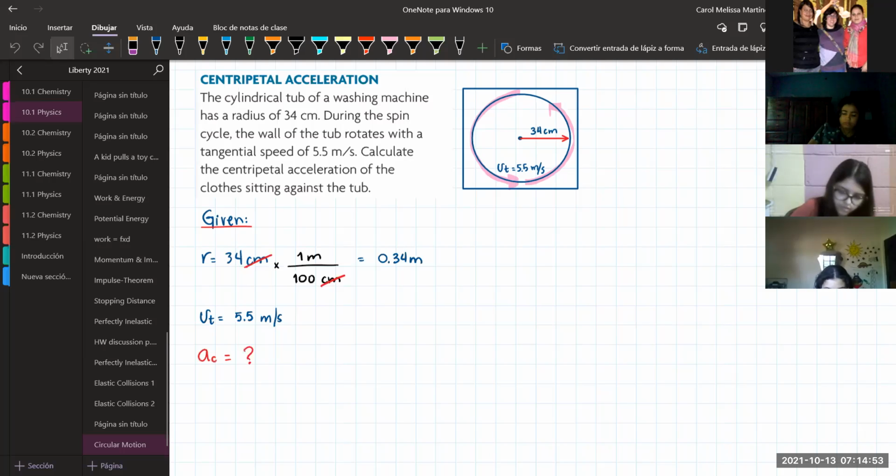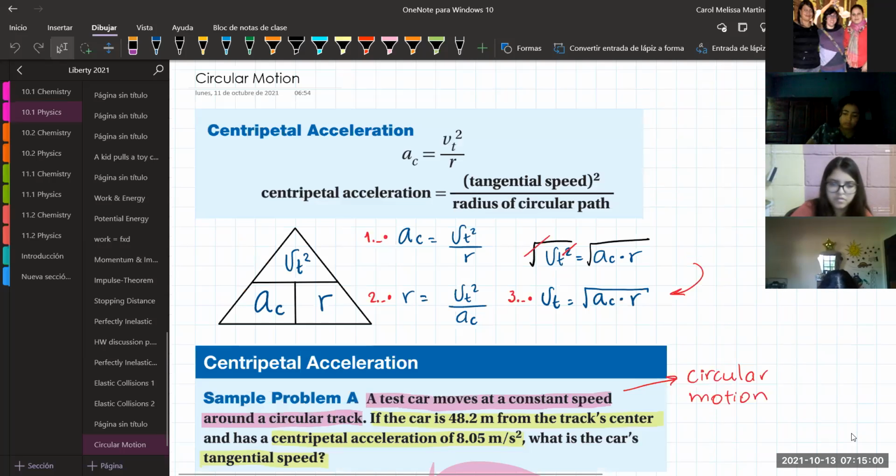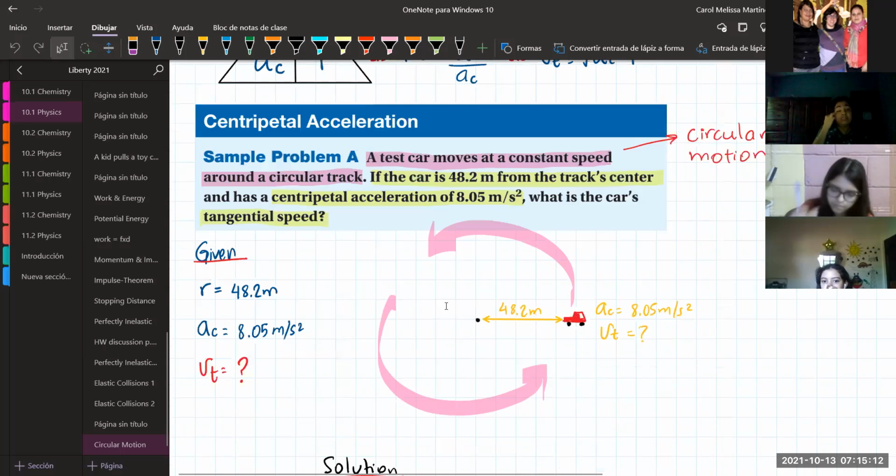Okay, AC is unknown, and according to the formulas that I gave you, here are the formulas. AC, which is centripetal acceleration, is equal to Vt squared divided by radius. So this is the formula that I will be using. Since I'm lazy, I'm just going to copy and paste.